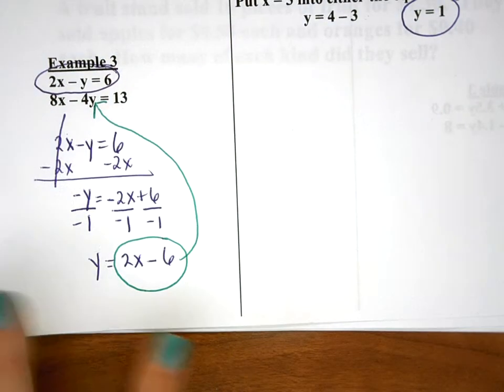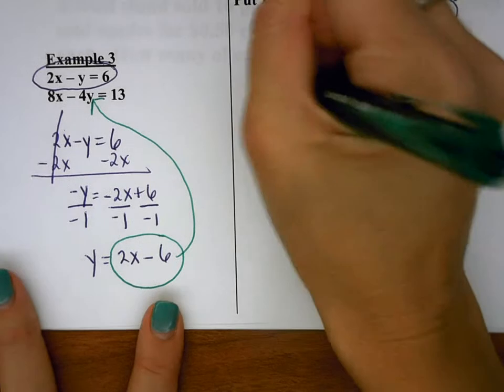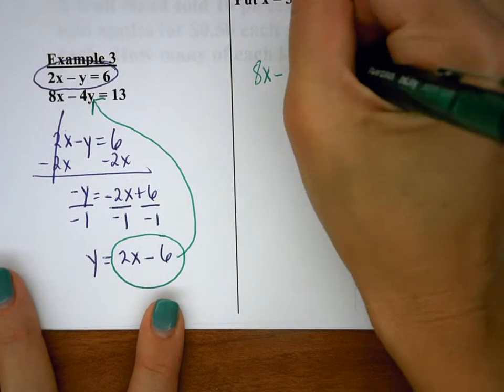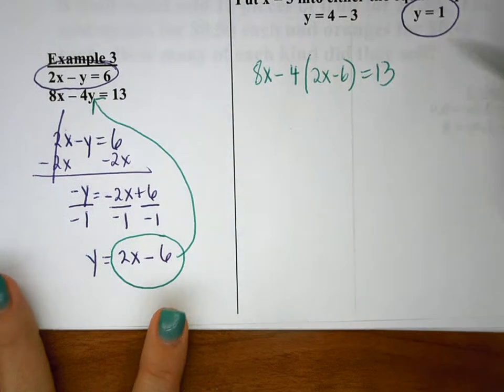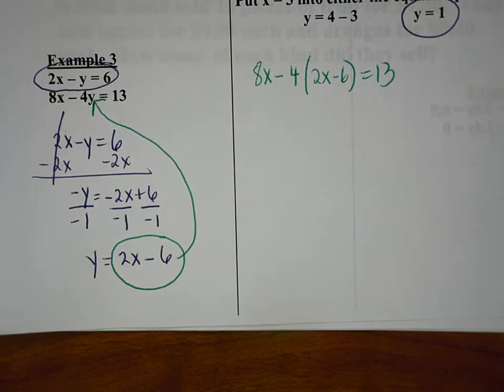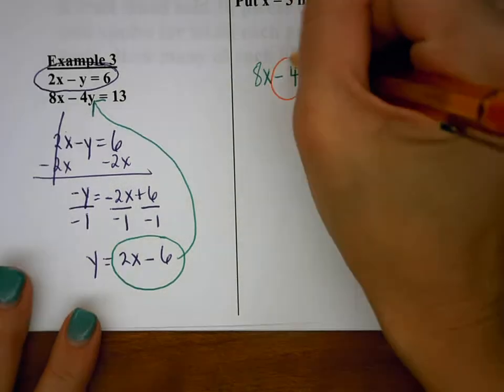Okay. So I'm going to rewrite this equation now, and it'll be 8x minus 4 times 2x minus 6 equals 13. And we need to distribute. And you are making sure that you distribute the sign as well.